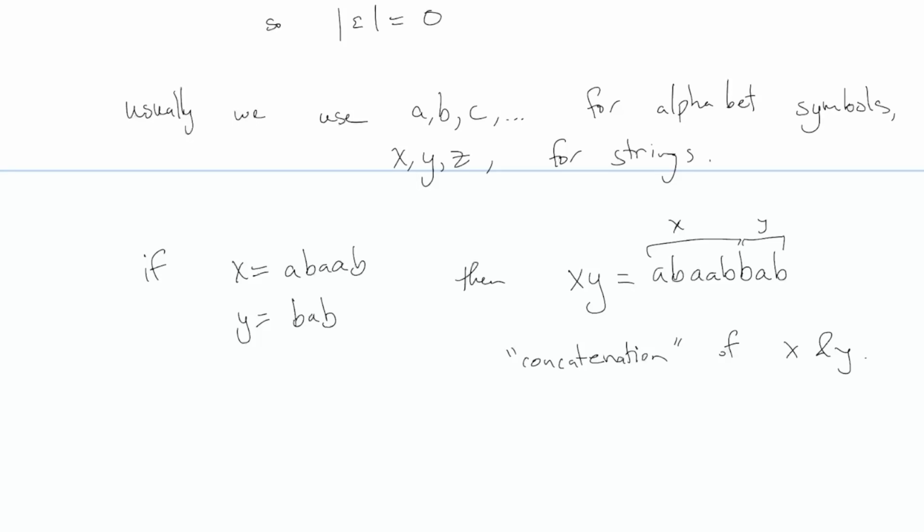This is string concatenation. In Python, you would write X plus Y, and if X and Y are strings, that would stick the strings together in this way. In our book, they just write XY. That's the concatenation of X and Y, and generally speaking, XY is different from YX. XY means you put X first and then Y. YX means you put Y first and then X, and usually those are not the same string.